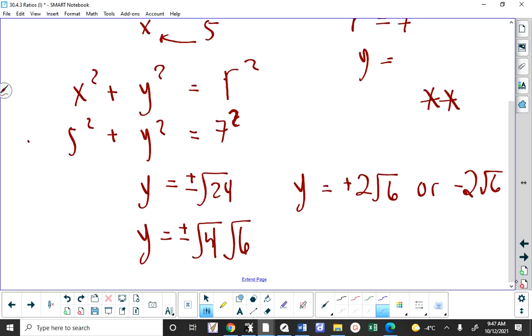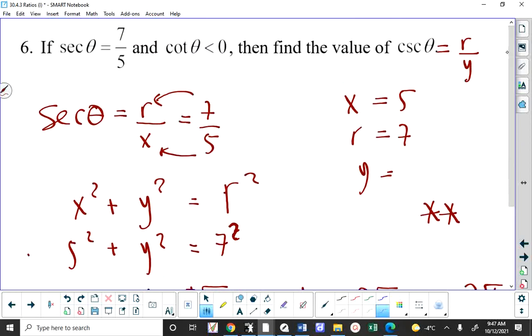That question of Evan's is we don't know. Well, how can we decide? Is it both? Is this an or case where we mean both? Well, it says cotangent. Oh, man. Cotangent is negative. What does that mean?